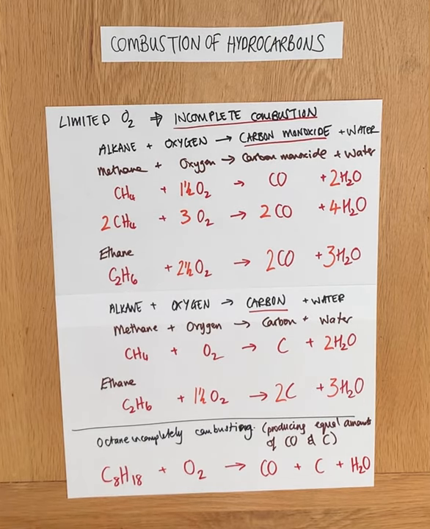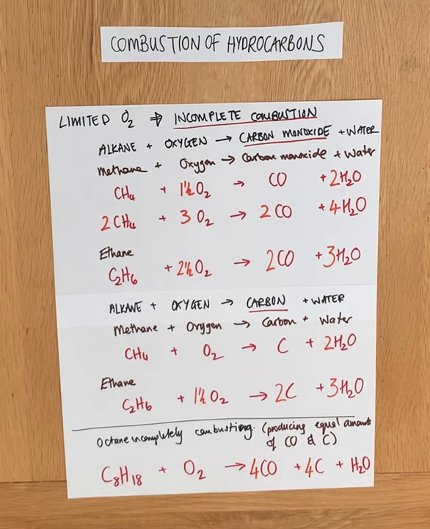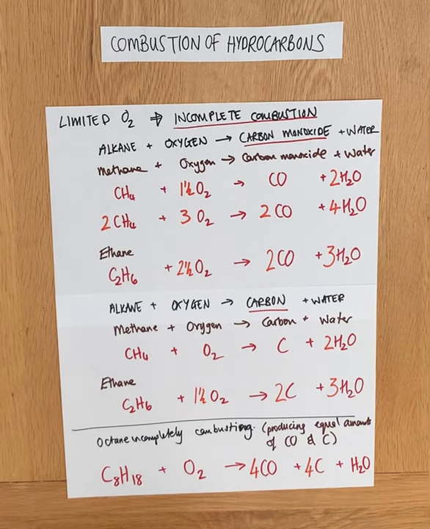We've been nudged in this question, producing equal amounts of carbon monoxide and carbon. 8 carbons in total. I'm going to split it in half to produce 4 of them and 4 of them. Now, depending on the question that you're given, you would have to manipulate the ratio of carbon monoxide to carbon, or whatever other carbon containing combustion products they've told you about.